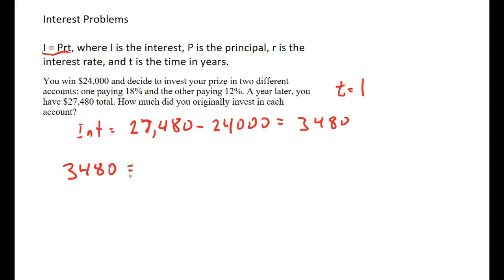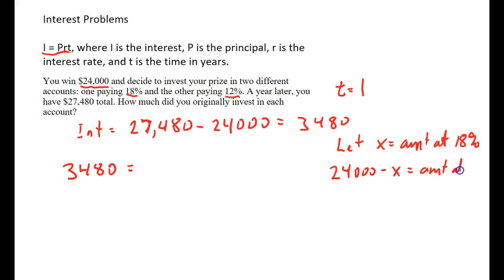Well, we have 2 different accounts, one at 18% and one at 12%. Let's let X equal the amount at 18%. And since I had $24,000 to play with, and I've used up X in this account, that means I have 24,000 minus X to invest at 12%.